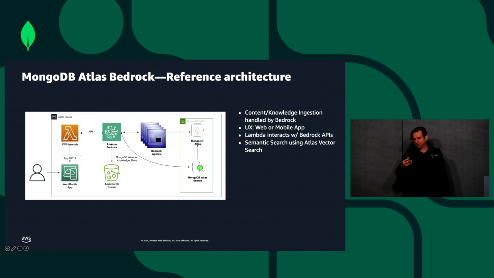Another additional point here is where you need to create agents. Agents could be doing lookups in MongoDB. They don't have to do lookups, but in this case, like in the Anthropic reference architecture, we did lookups. Lambda will still interact with Bedrock after all of these changes, still via APIs, nothing changes here.